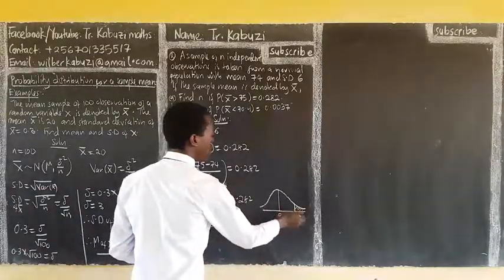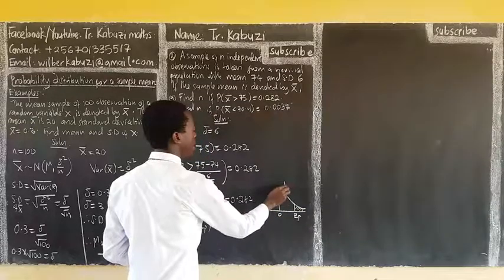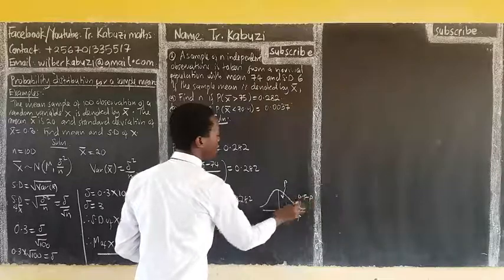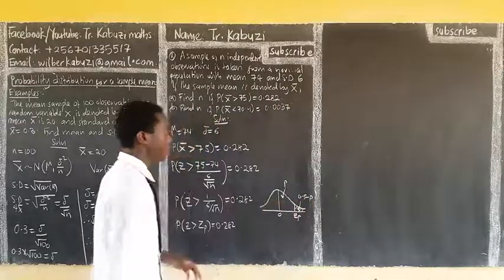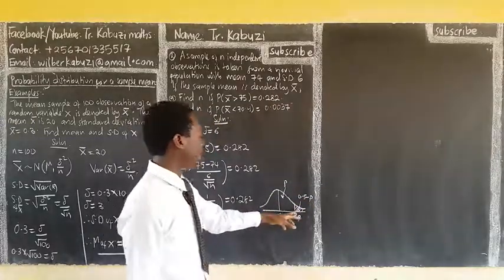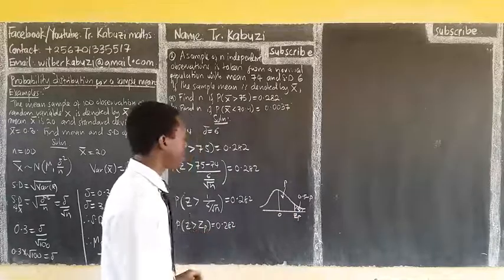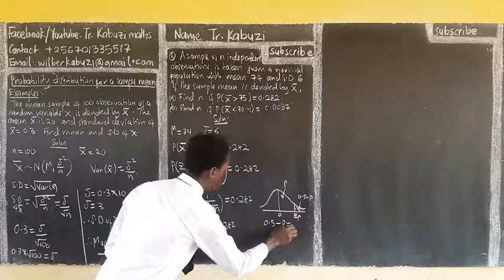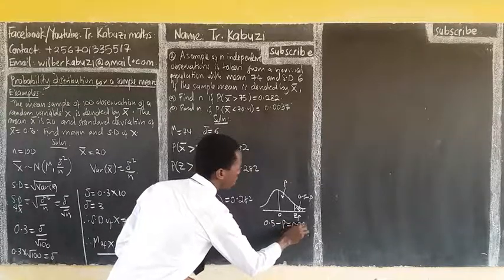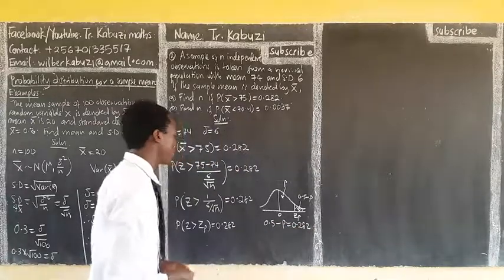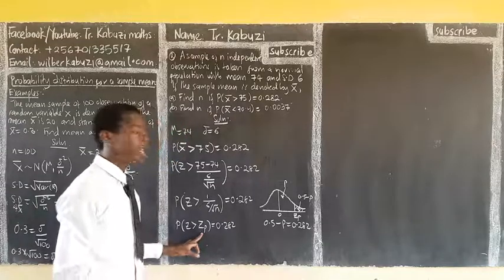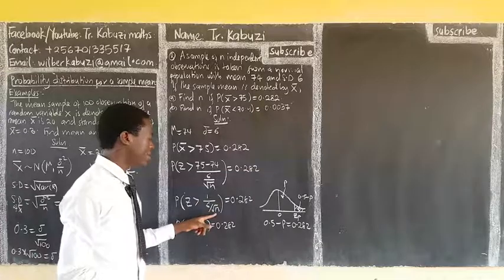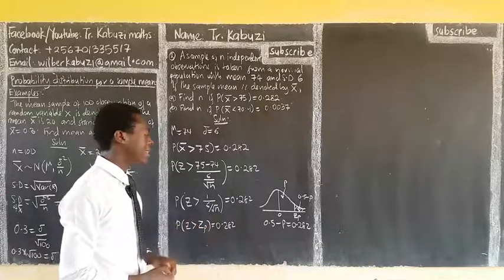They are giving us this probability here. Remember, if this is p, then this one is 0.5 minus p. So 0.5 minus p is equal to 0.282. What am I looking for? I'm looking for the value of z, which will equal the whole of this, with n as the unknown.